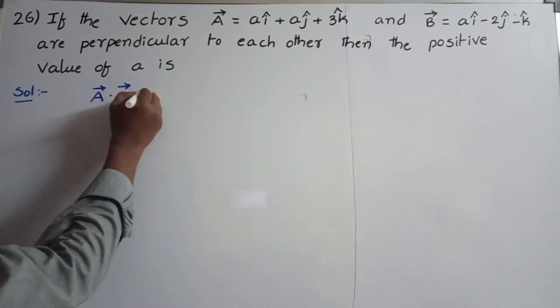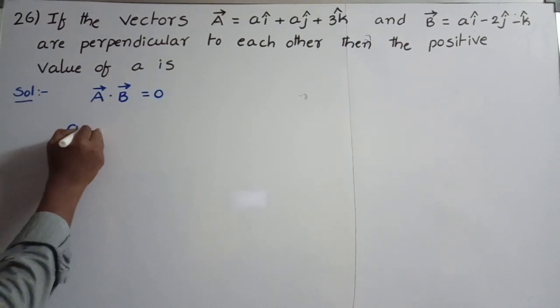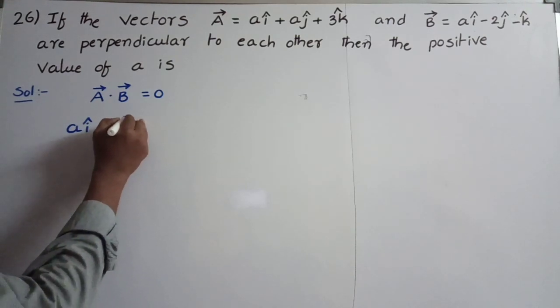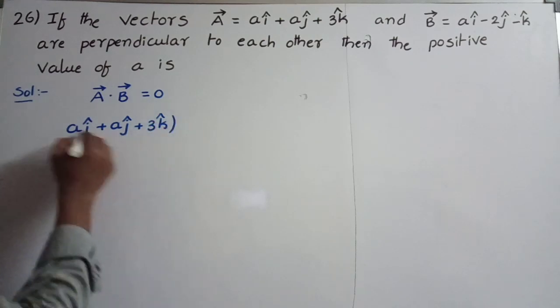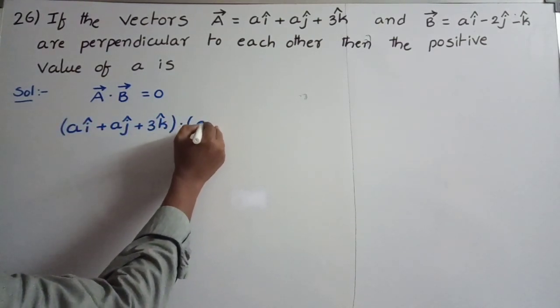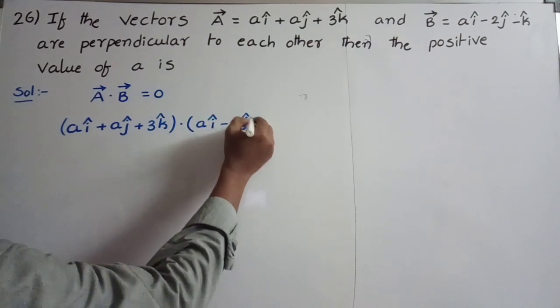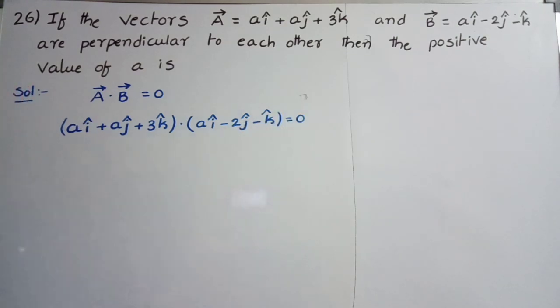A bar dot b bar is equal to 0. We know vector a bar is equal to a i cap plus a j cap plus 3 k cap, dot b bar is equal to a i cap minus 2 j cap minus k cap, is equal to 0.